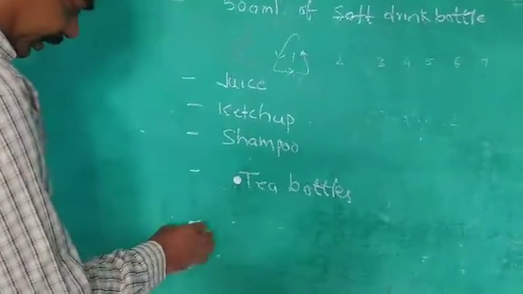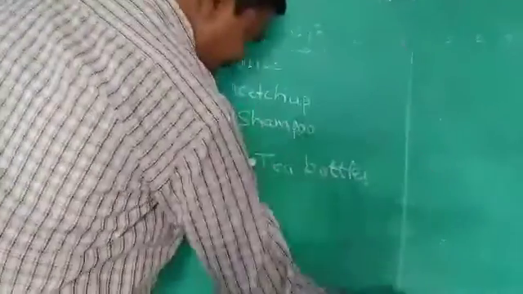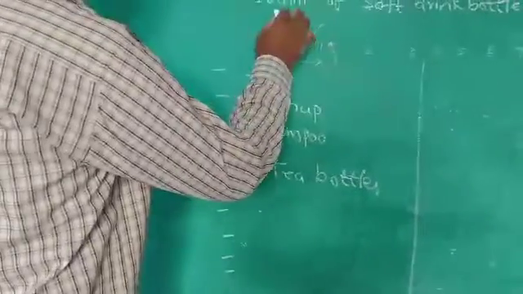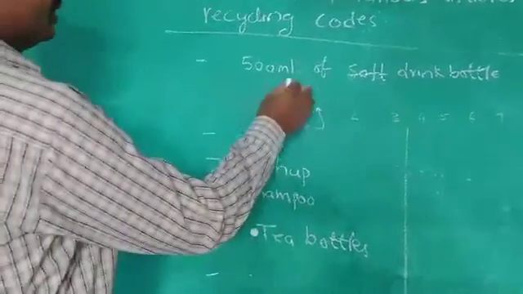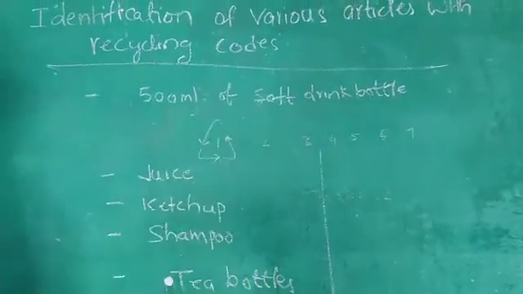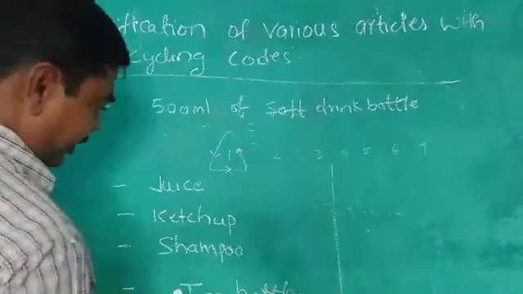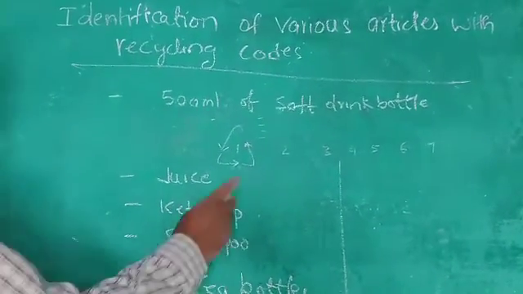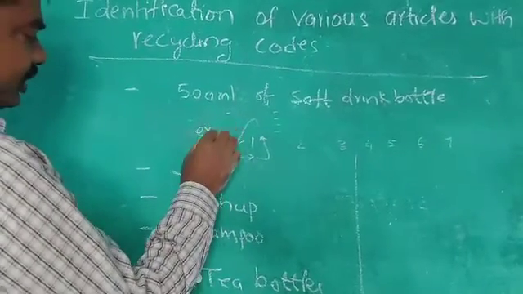If you want to write any more, you will get them when you go to the market, see, and write about them. A 500 ml soft drink bottle means you will see a Maaza bottle, Thumbs Up, Sprite, all the drinks that come. See what is written on those bottles. This I wrote as an example only.